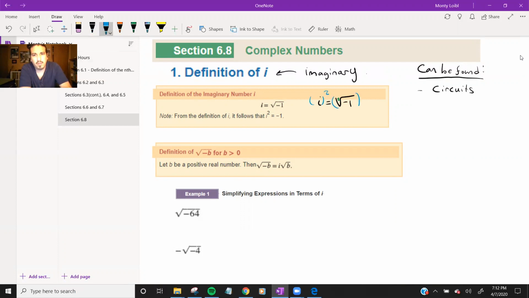And so what that means is actually i squared is equal to -1. So both of these mean the same thing, and it defines what your imaginary number is going to be.